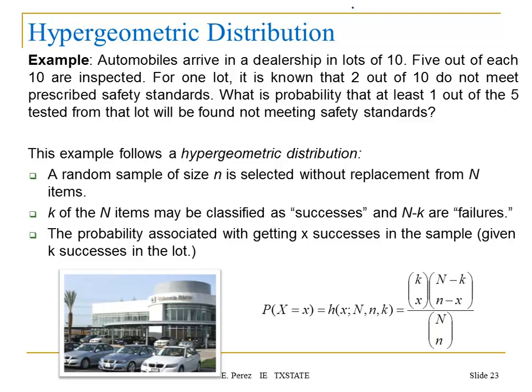Again, we are looking at the number of successes. Here it is at least 1 out of the 5. But again, we are not looking at the whole lot. We are looking only at the smaller sample that we get out of the 10. So in this case, we are looking only at 5 out of the 10, which are the ones that are going to be inspected.